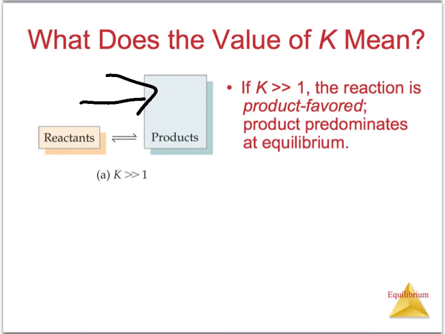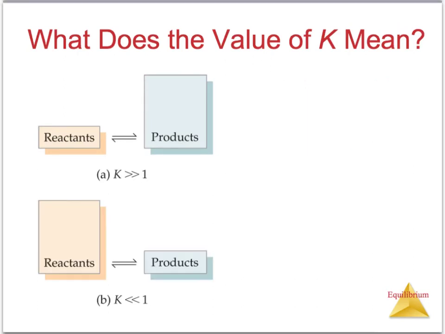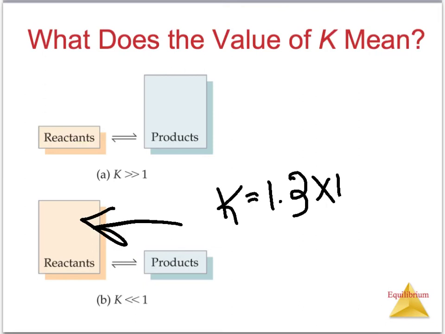And if K is smaller than 1, then that means that most of the reactants stay as reactants, or the reverse reaction is favored. And when we say K is less than 1, that generally means that you've got K values that are equal to like 1.3 times 10 to the negative 3.